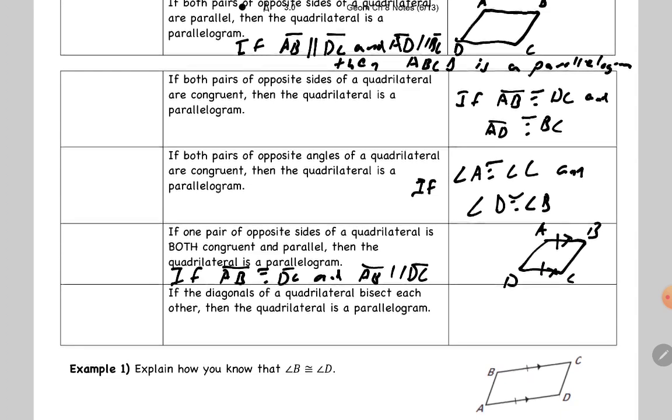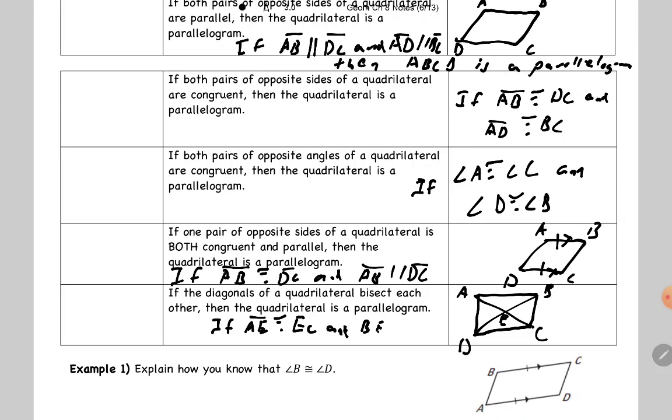And then lastly, if the diagonals bisect each other, so let's say A, B, C, D, and let's call this middle E. So if AE is congruent to EC and BE is congruent to ED, then it's a parallelogram.